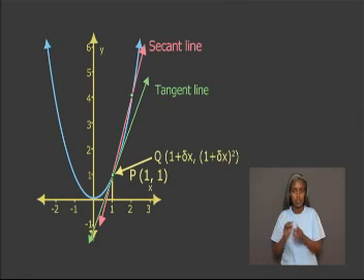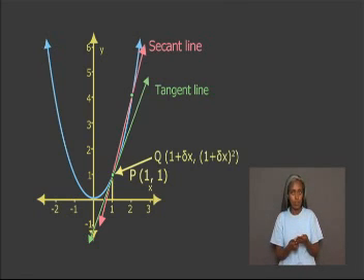Students, notice that the tangent line is the limit of the secant lines through the coordinates (1 plus delta x, (1 plus delta x) squared), as delta x approaches 0.